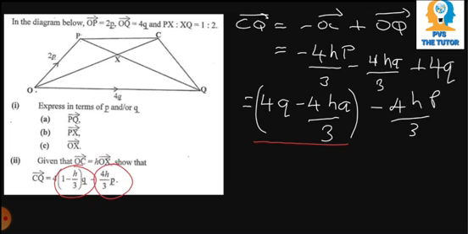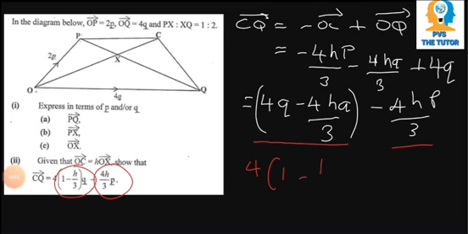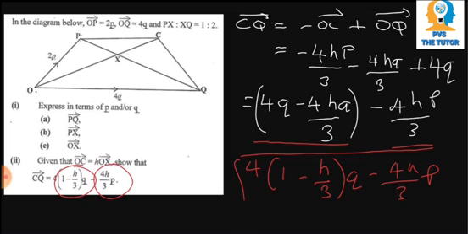So we just need to go ahead and factorize. So we know that 4 is common there. We leave 1 there, minus H over 3. Since Q is also common, so we take it out, minus 4H over 3, then P. We've seen that we've proved that yes, actually it's correct.